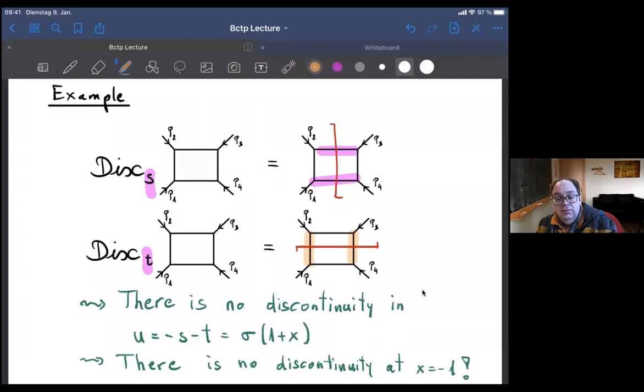You see that there is no way I can fold this thing up such that I get a discontinuity when U is equal to 0. So these two discontinuities would correspond to S equals 0 and T equals 0, the points where I develop imaginary parts. But there's no way from quantum field theory I would get a discontinuity when U is equal to 0, because it's a planar graph. I cannot achieve that kinematically. You cannot even draw the corresponding cut diagram.